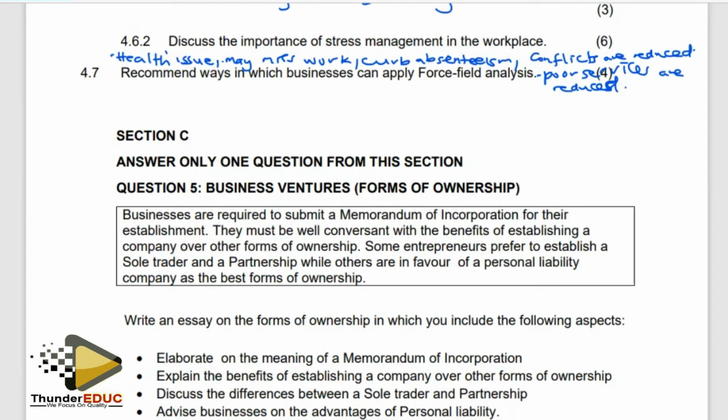Recommend ways a business can apply force field analysis. Just to remind you, under force field analysis, this is how we need to apply it.